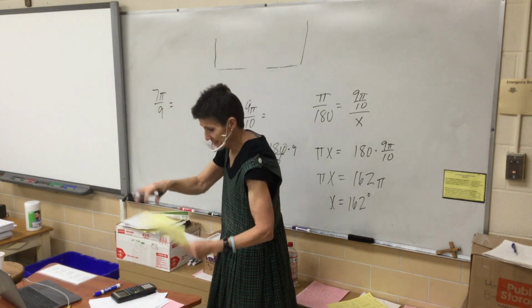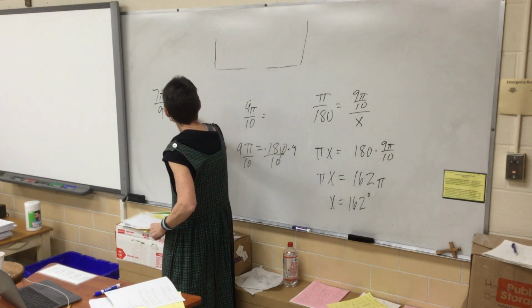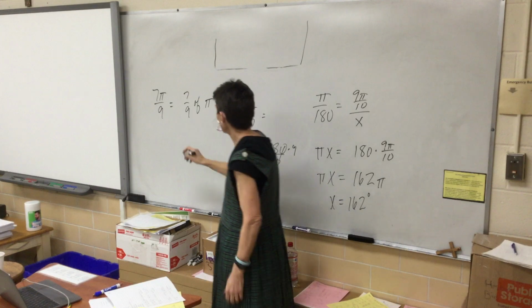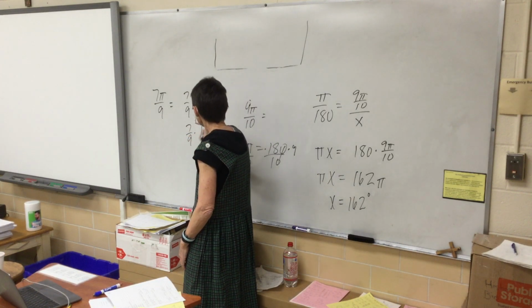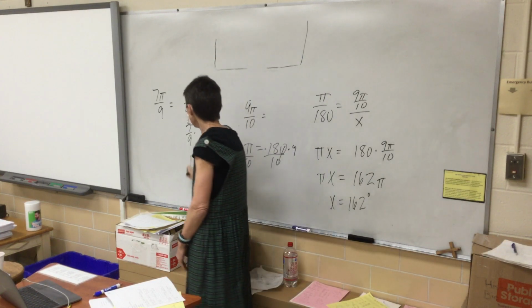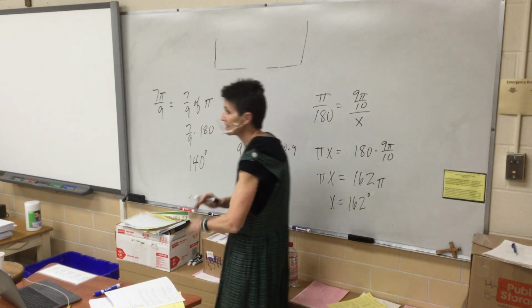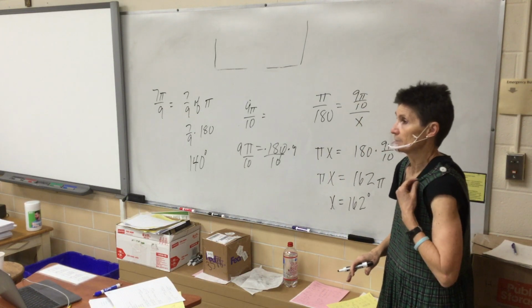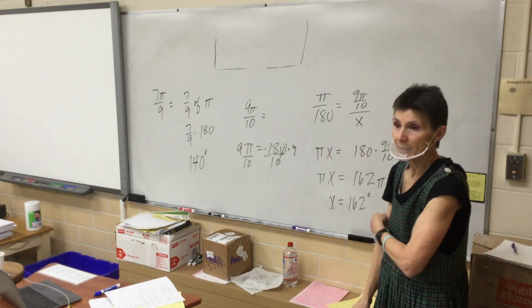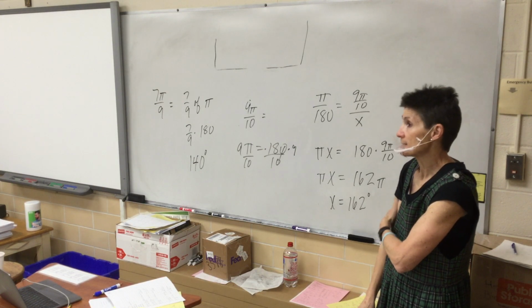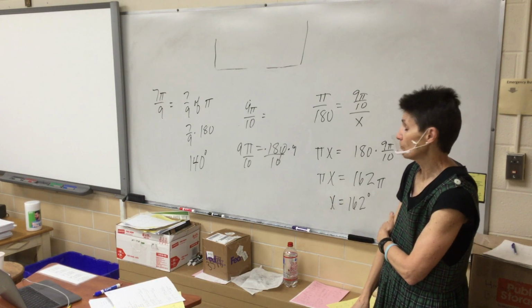Basically, you're saying that's 7/9 of pi. Right? Pi is 180. So I need 7/9 of 180. So it's 140. You need to come up with 140 degrees. However you do it, as long as you're getting 140, you're doing it right. A whole pi is 180. A ninth of that is 20, and 7/9 then would be 140 degrees.